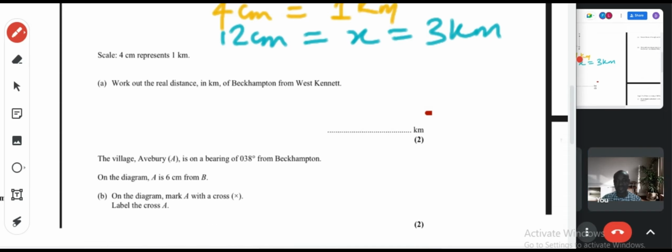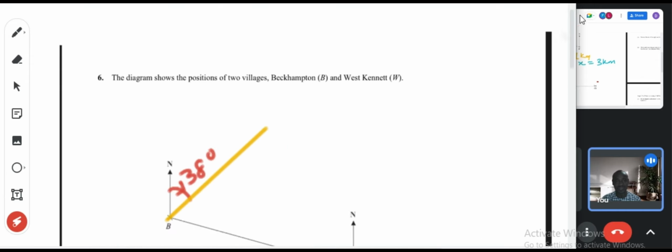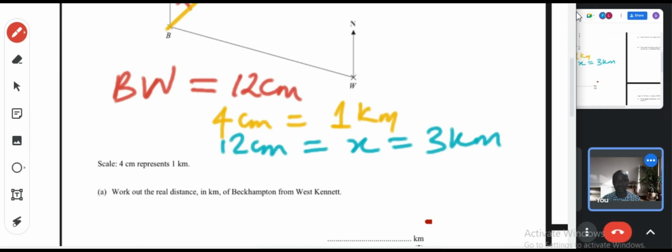I need to draw a line of 6 centimeters. On the diagram, A is 6 centimeters from B. So you measure 6 centimeters and stop here. What else are we asked to do?